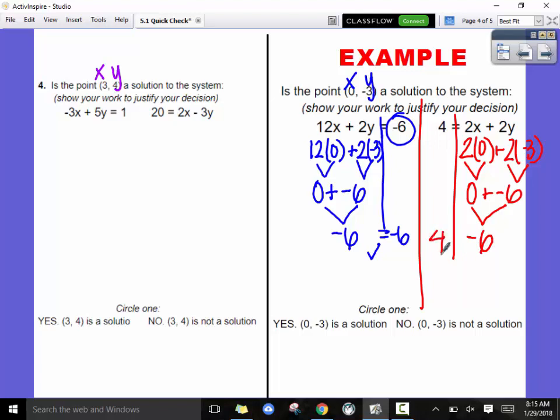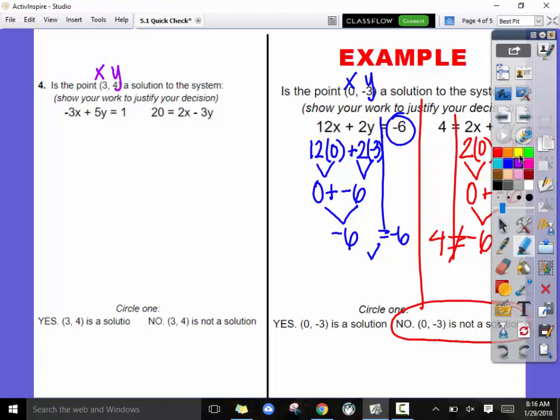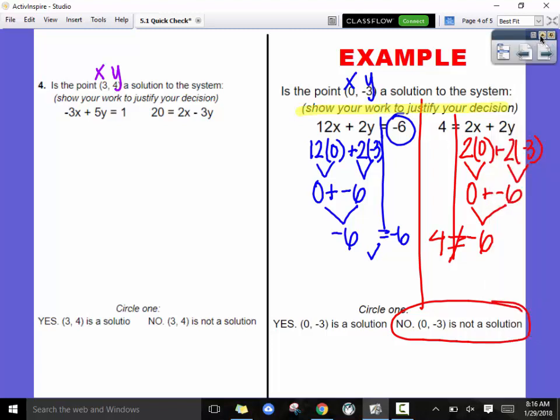Does that equal 4? No, it does not. So because the ordered pair 0, -3 did not work for this equation, it is not a solution. Make sure that you show your work on this one. That's where most people had to go back and make some corrections.